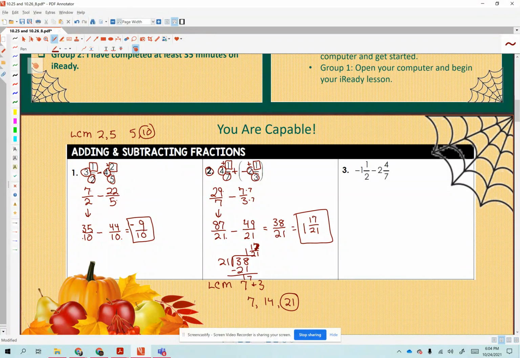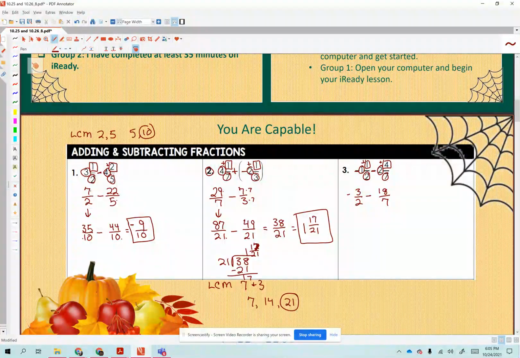So number 3, I have a negative 1 1/2, and I'm subtracting 2 4/7. So first I need to make improper fractions. 2 times 1 is 2, plus the numerator makes negative 3 over 2, or 3/2, minus 7 times 2 is 14, plus 4 more is 18 over 7.